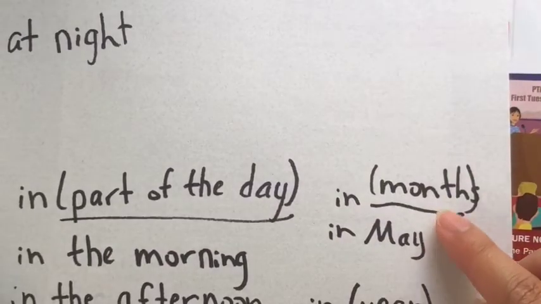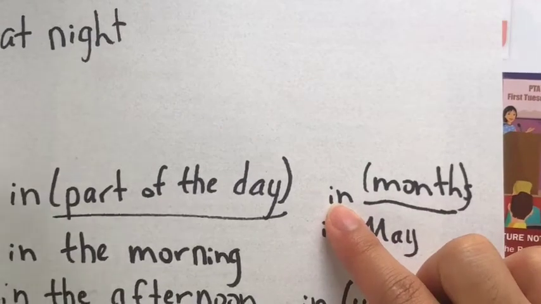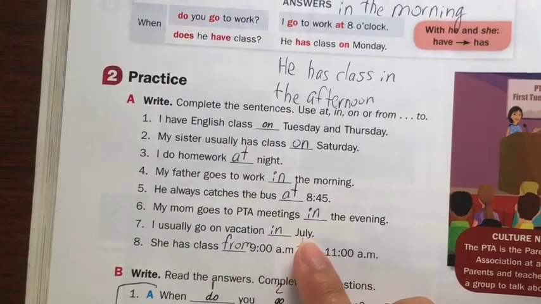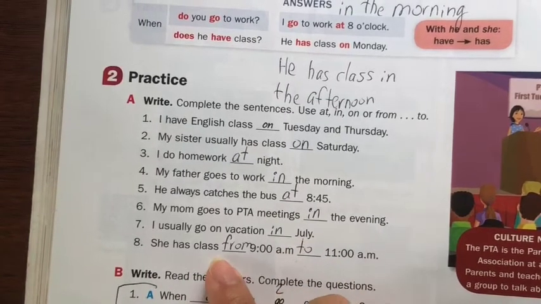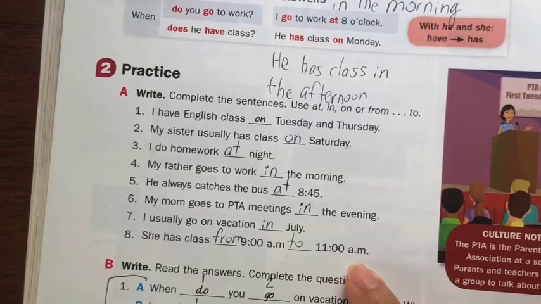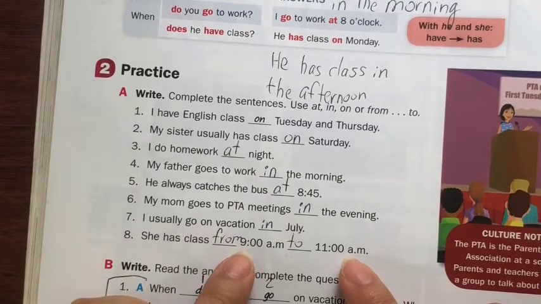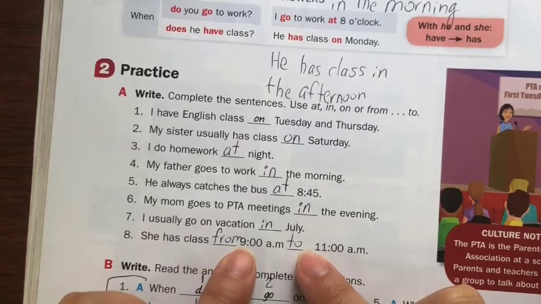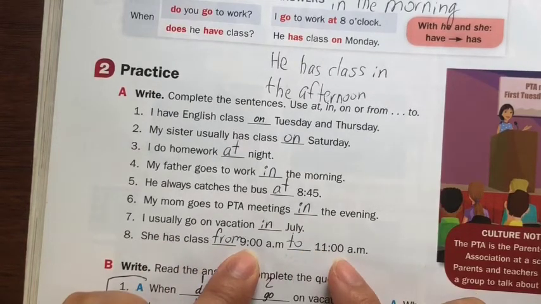July is a month, so we say in. I usually go on vacation in July. She has class 9 a.m., 11 a.m. Because we have 2 times, we say from to. She has class from 9 a.m. to 11 a.m.